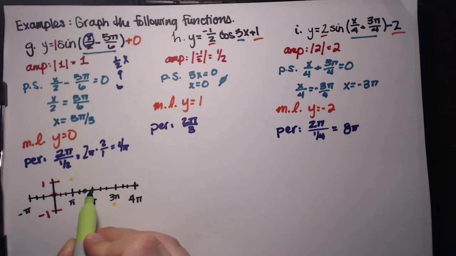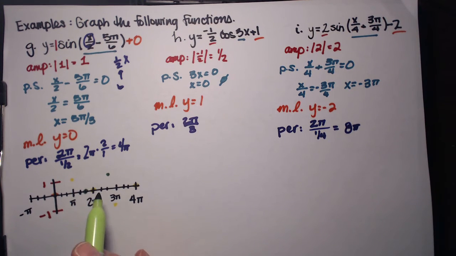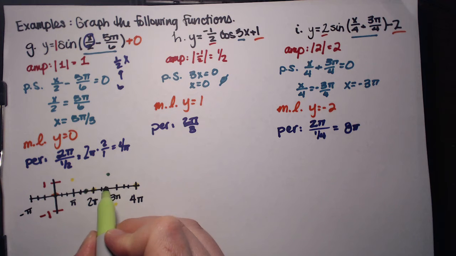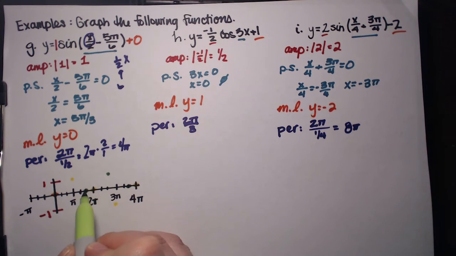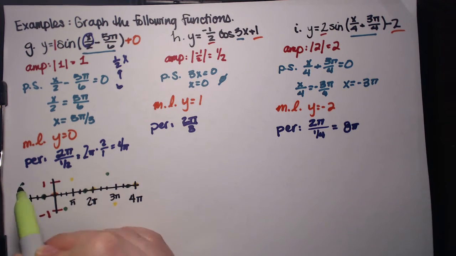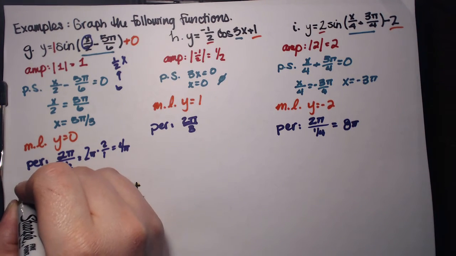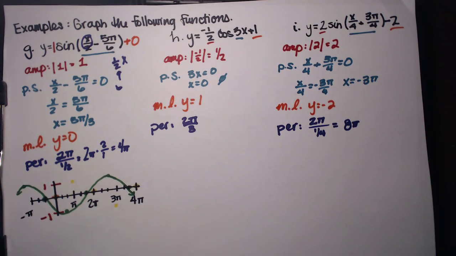So I'm just going to go 1, 2, 3. That's where it's at the top. You could also count from this point and go right 5. But I'm just going to go 1, 2, 3, and I'm going to continue that backwards, 1, 2, 3, something like that. Okay, that is your function.